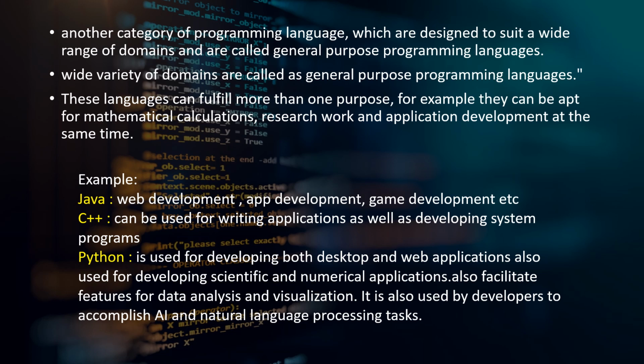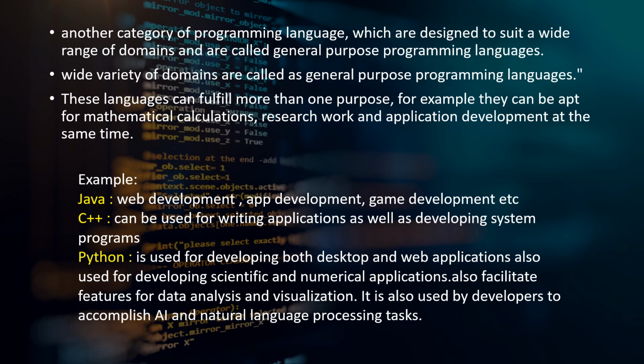Say web development, it is also used in mobile applications, and it is used in game development and so on. Coming to C++, it is used for writing applications as well as developing system programs. Next comes Python. Python is used for developing both desktop as well as web applications.